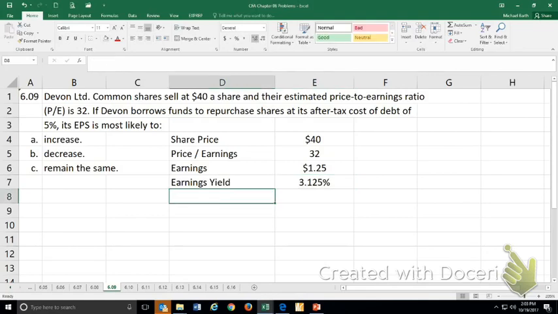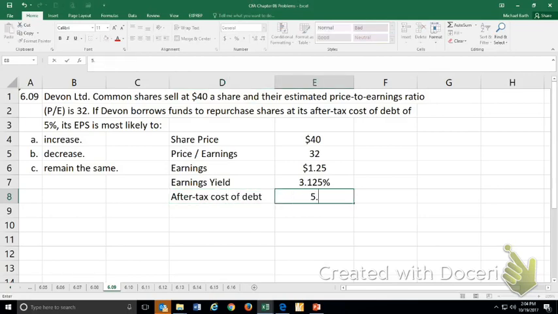So the cost of borrowing, the after-tax cost of debt, is 5%. So in essence, what you would do is borrow money at 5% and then invest it at 3%. So that can't be good.